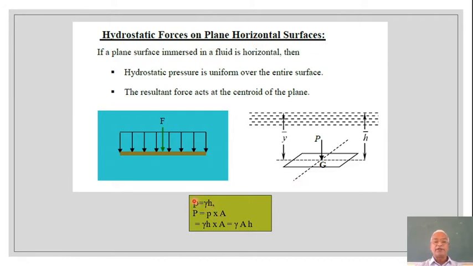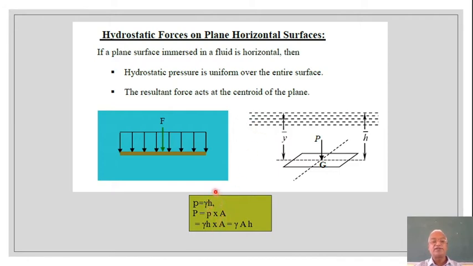You know that intensity of pressure at any point P is equal to gamma into H, where gamma is the unit weight of the liquid, and H is the depth.